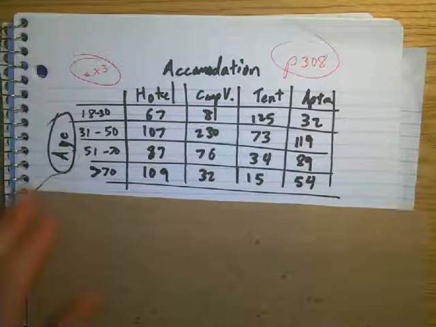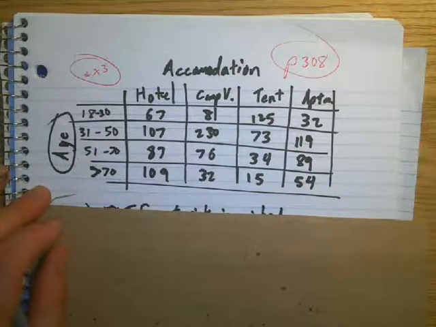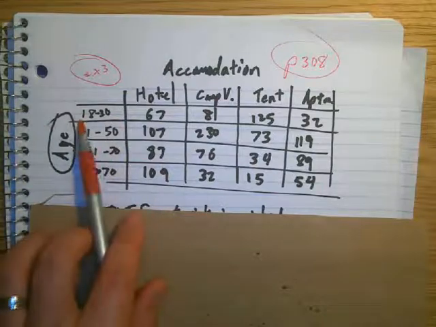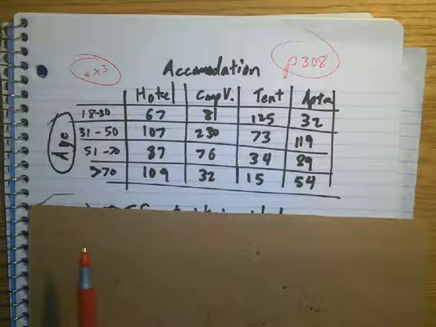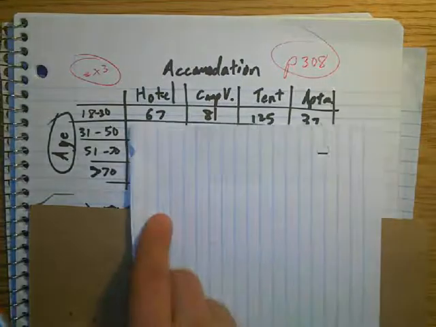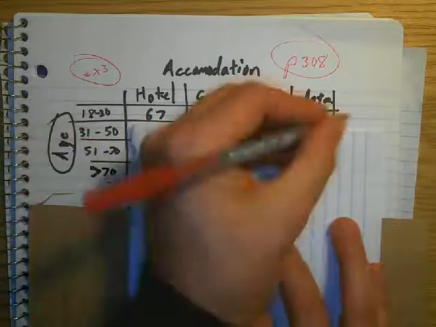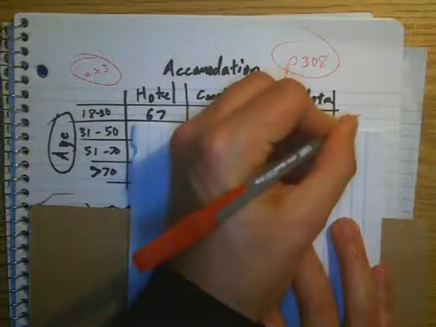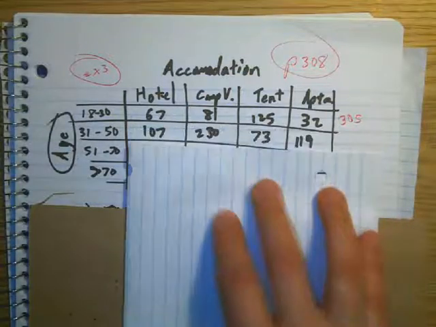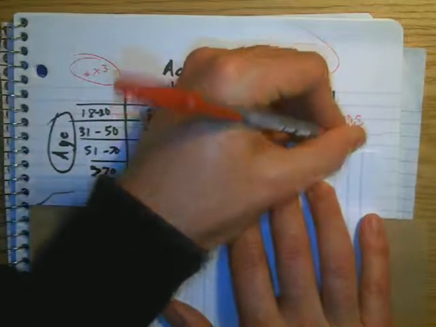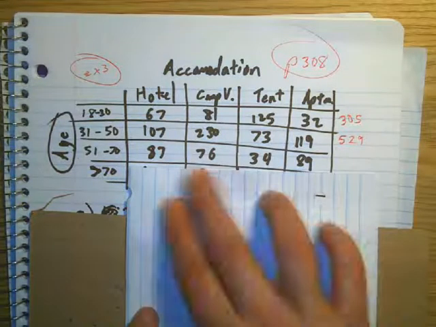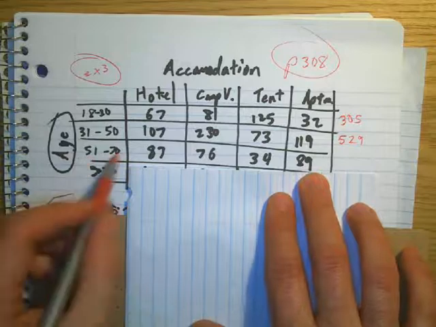Okay, so if I want to find out how many people were there from age 18 to 30, I need to add up this whole row together. So if I add up this whole row together, I get 305. If I add up this whole row together, I get 529. If I add up this whole row together, this tells me how many people are ages 51 to 70.